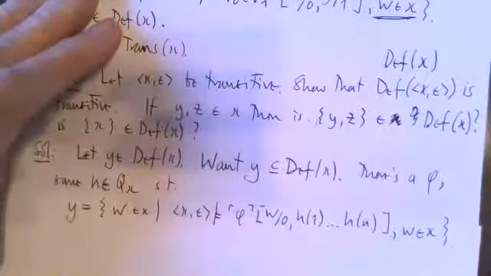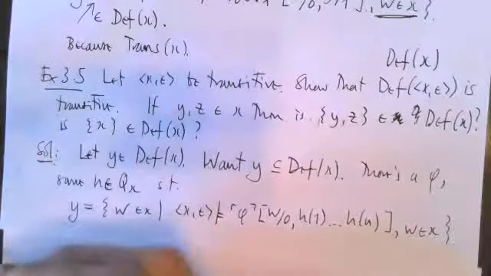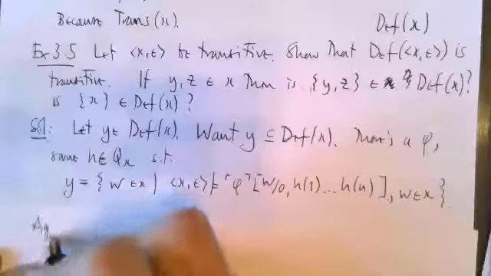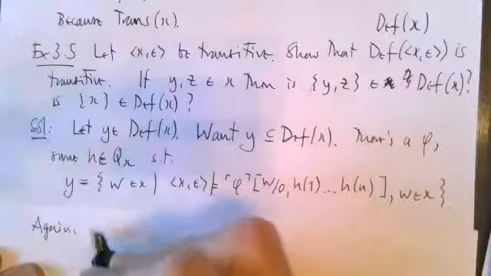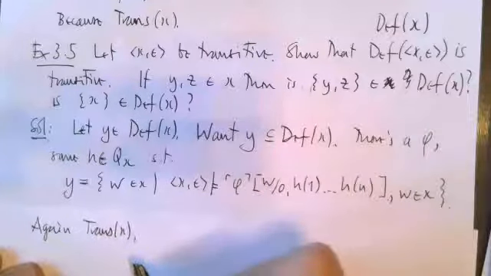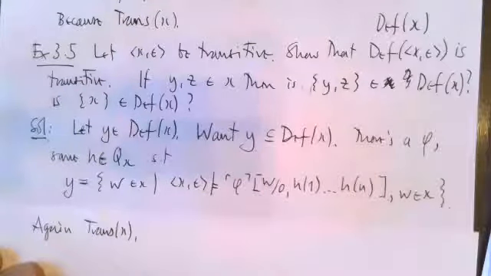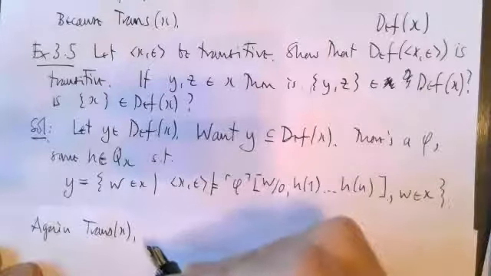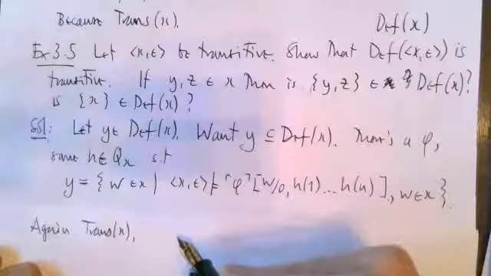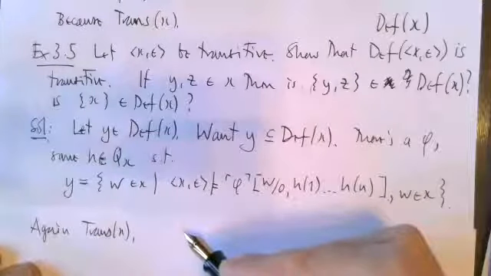And X itself is transitive. So again, rather like the last exercise, X is transitive. What do I want to say?